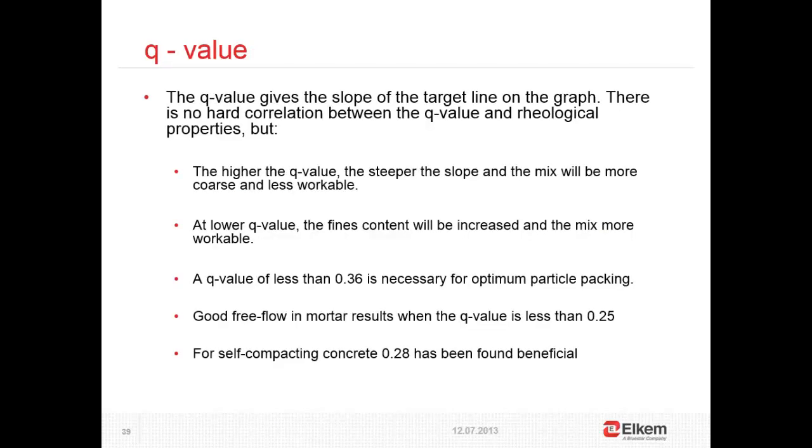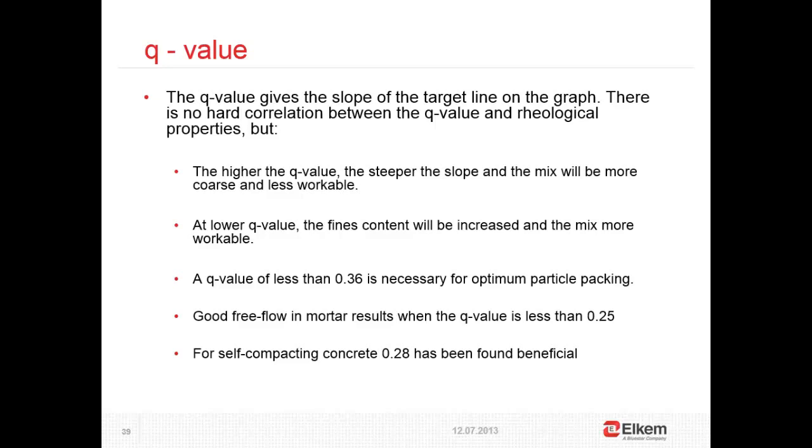A quick word about the Q value. The Q value gives the slope of the target line on the graph. There is no hard correlation between the Q value and the rheological properties, but with a higher Q value, the steeper the slope will be, and the mix will be more coarse and less workable. At a lower Q value, the fines content will be increased and the mix more workable.